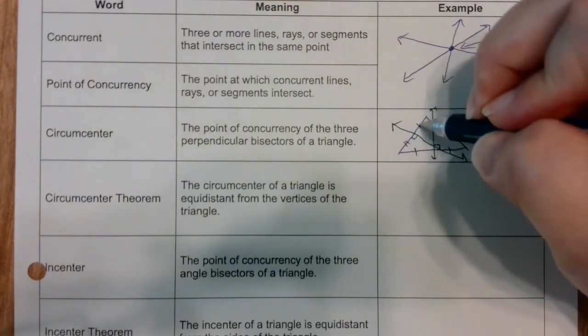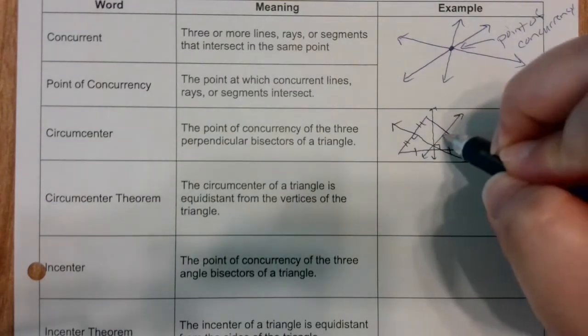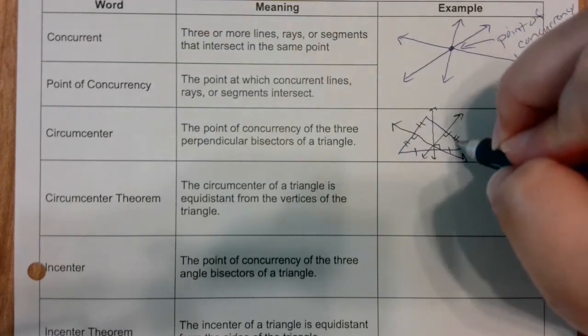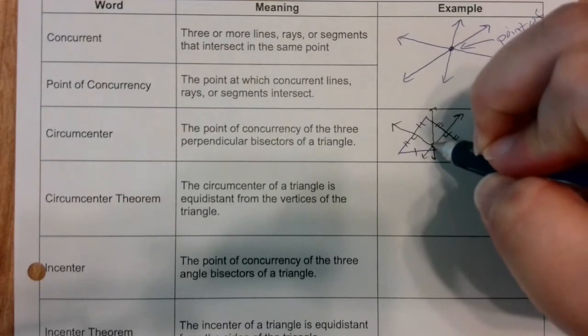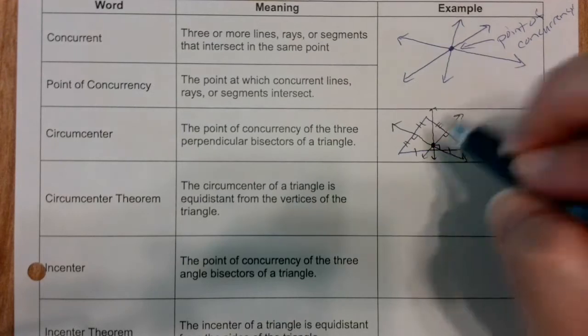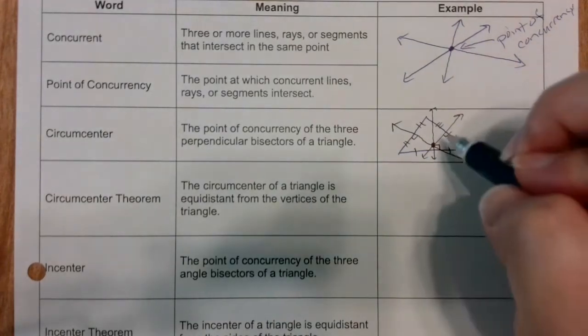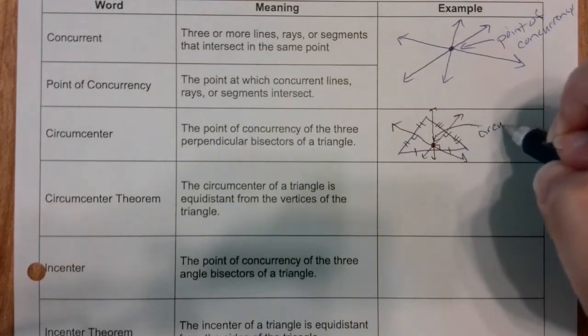Perpendicular and through the middle. And the last perpendicular bisector might look something like this. 90 degrees and through the middle. And if you were to create these on a triangle, using a compass and straight edge, or using a computer program, or maybe you're just given the picture, those 3 lines will have a point of concurrency. They will all cross at one spot, and that spot where they cross is called the circumcenter.